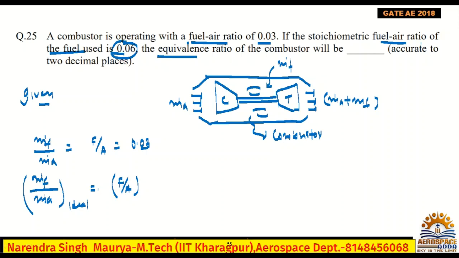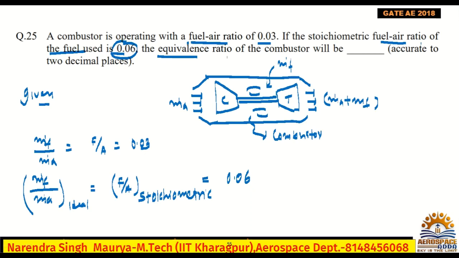That appropriate composition of air and fuel is called stoichiometric, or ideal. The stoichiometric fuel air ratio is 0.06.